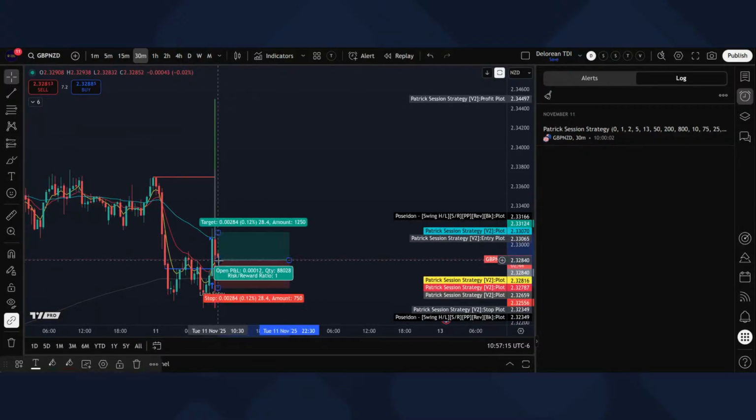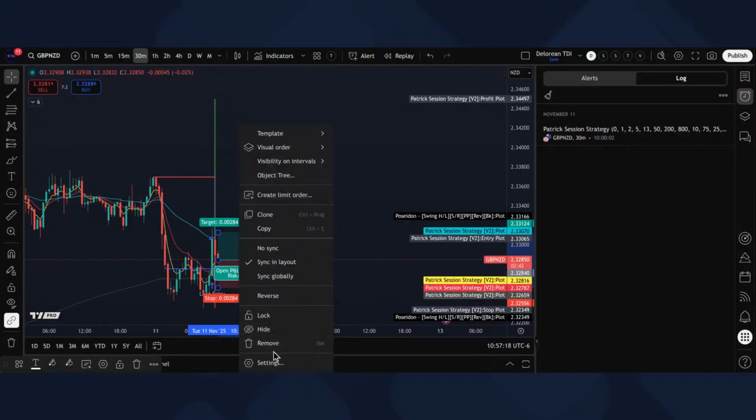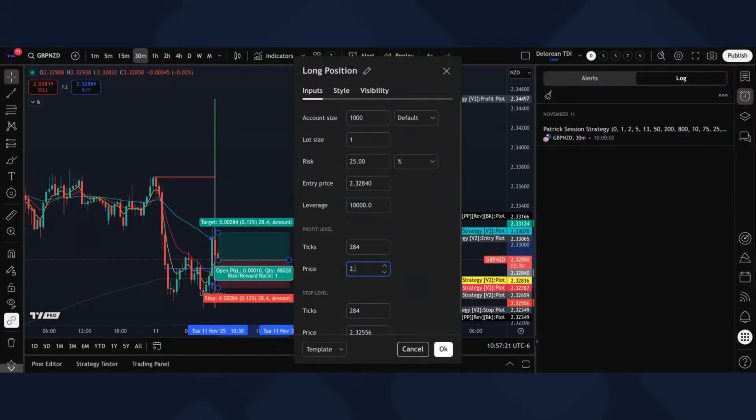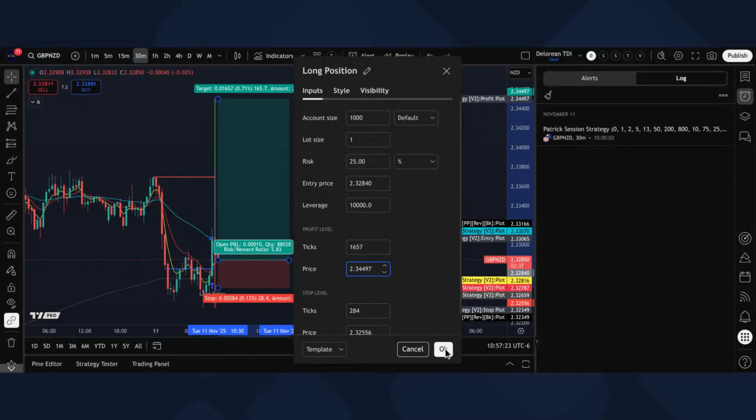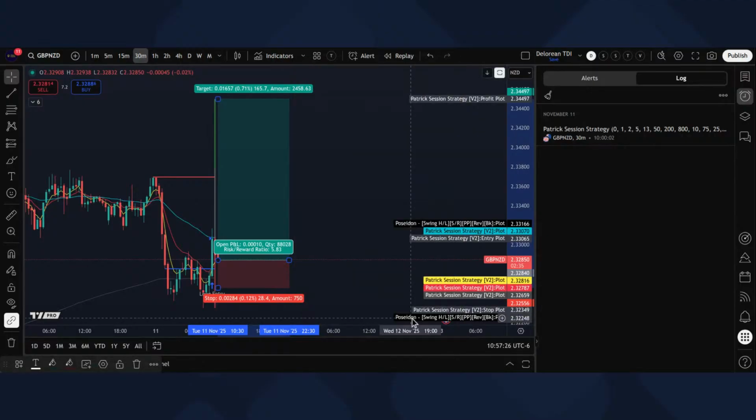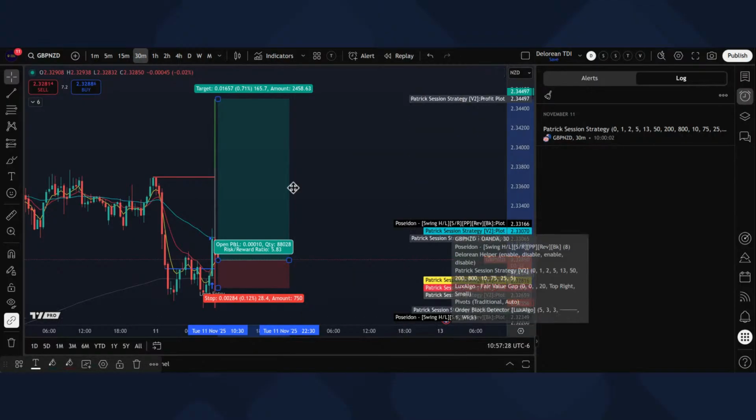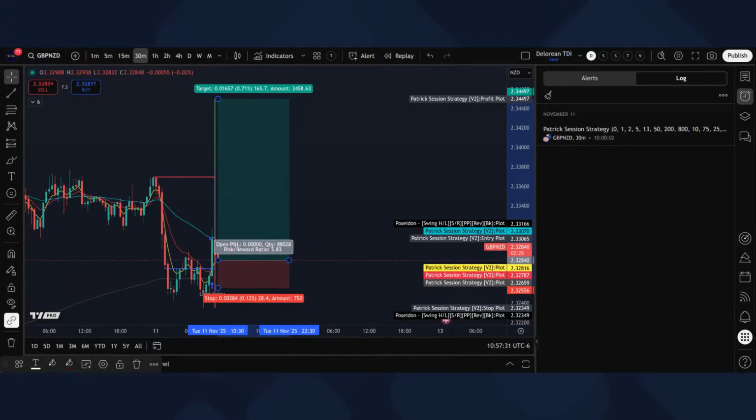It's a long from current price, targeting 2.34497. 30-minute buy.